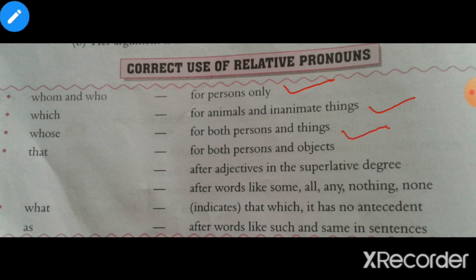That for both persons and objects, after adjectives in the superlative degree, after words like some, all, any, nothing, none. What, that which, when it has no antecedent. As after words like such and same in the sentences. So these are the correct uses of relative pronouns and you can use them in your sentences.